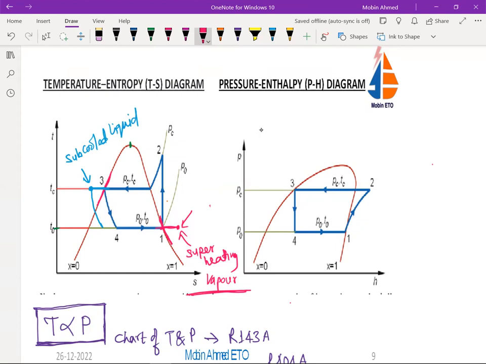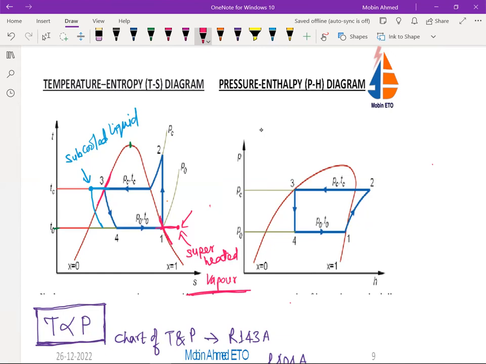What is the advantage of this superheated vapor? If the superheated vapor is there, my cooling efficiency increases. In the same way, if I have the subcooled liquid, my efficiency increases. Second, if I have the superheated vapor, there will be no chance that liquid is going to enter the compressor.